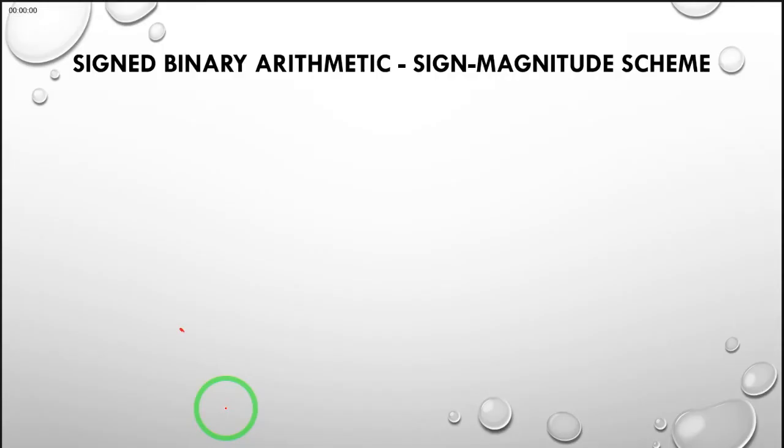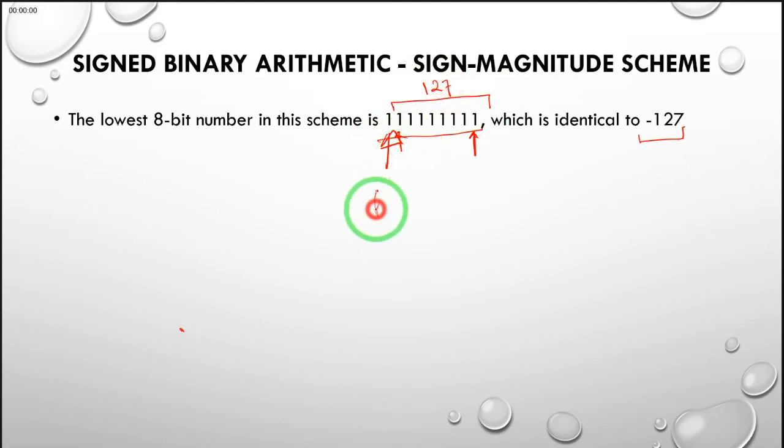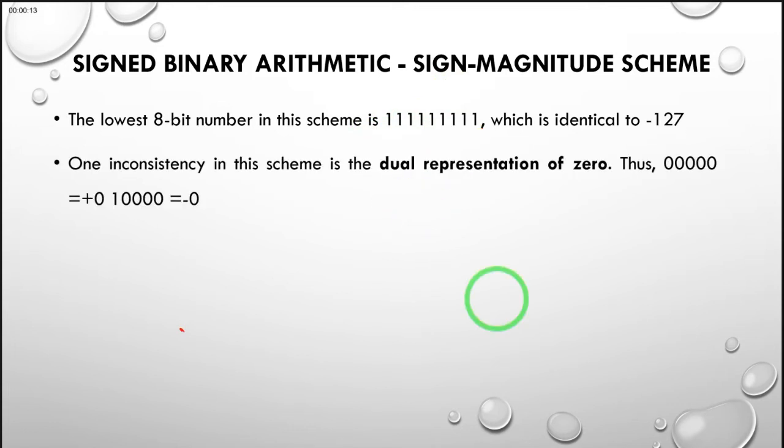The lowest 8-bit number in this scheme is all ones, which represents negative 127. When you convert the less significant bits from the 7th to the 0th from binary to decimal, you find that this is 127, but the sign is represented by a 1 as the most significant bit.